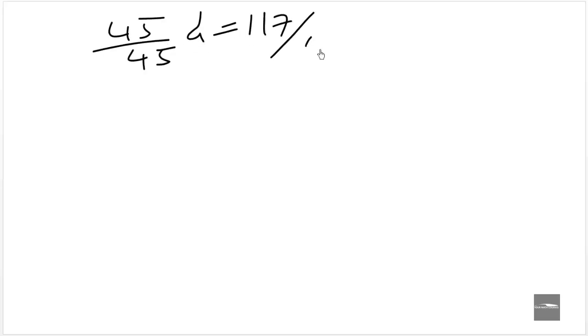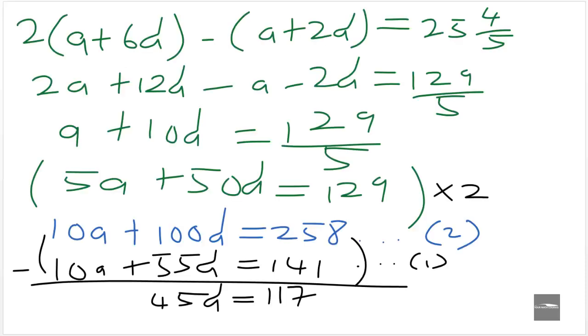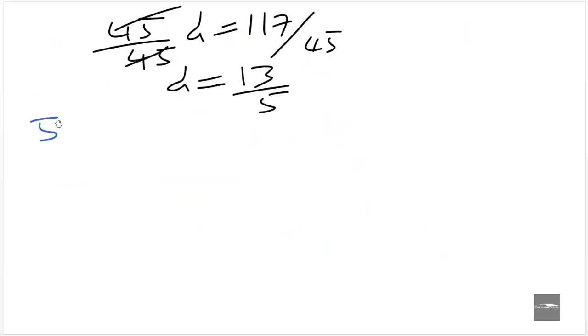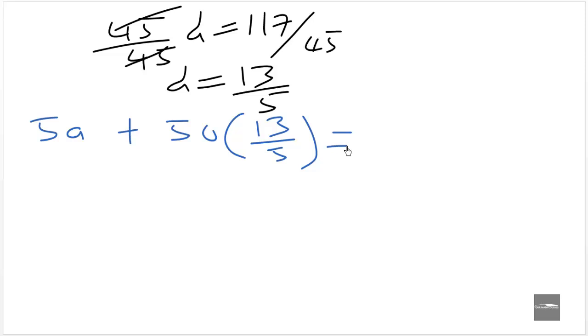So we divide through by 45 to obtain d equal to 13 over 5. So the common difference is 13 over 5. Now we can substitute this into one of the equations, 5a plus 50d equal 129. So 5 times a plus 50 times 13 over 5 will be equal to 129.